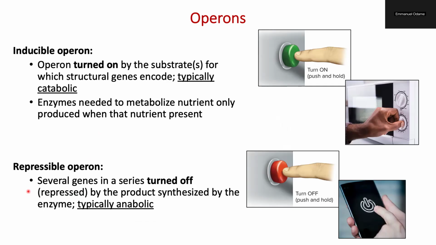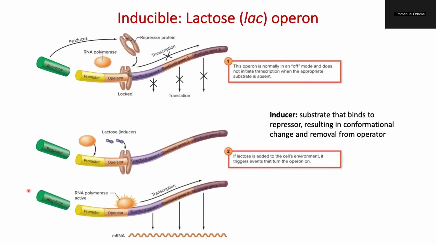So that is just the opposite. In the inducible one, you need a certain enzyme or substrate to be present for you to have gene transcription. And in the repressible one, gene transcription is already turned off, and you need a substrate to activate it back. So now let's talk about how this works. First, we are focusing on the inducible operon.